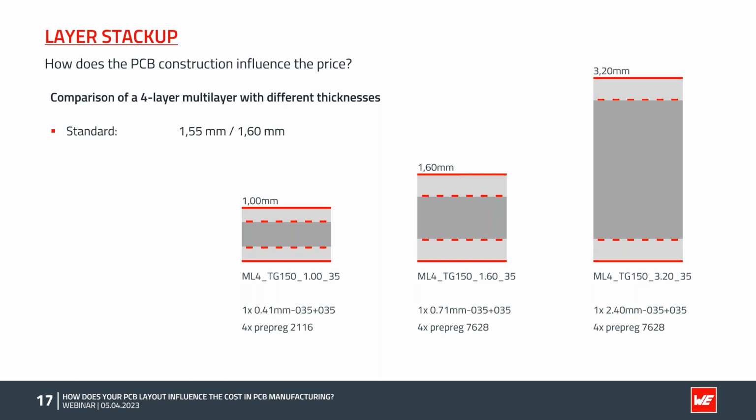And we would change the prepregs from the glass cloth type 7628 down to 2116, for example. We can make it even more thin or much thinner, 0.5 millimeter. Well, here we would have to use a 100 micron core, and we would have to use 1080 prepregs.